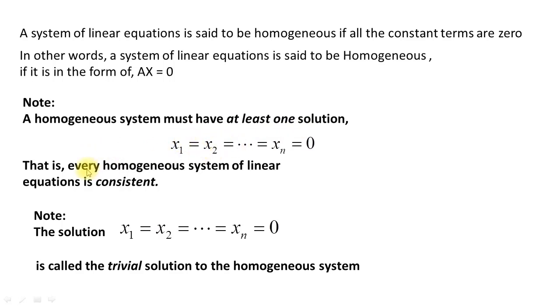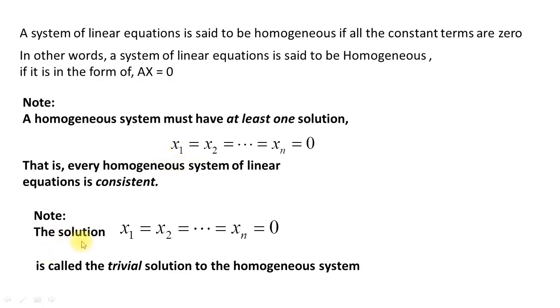That is, every homogeneous system of linear equations is consistent. Consistent means the system has at least one solution. At least one solution means the system already has the zero solution, and we try to check whether the system has additional solutions.